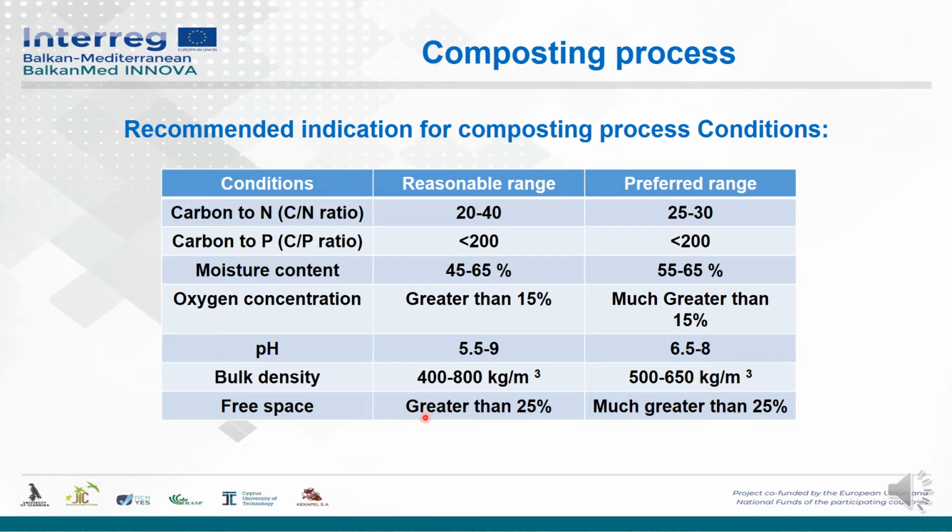Bulk density can be acceptable in the range between 400 and 800 kilograms per cubic meter, and the preferred range is between 500 and 650 kilograms per cubic meter. Free space or pores greater than 25%, and it is better when it is much greater than 25%.